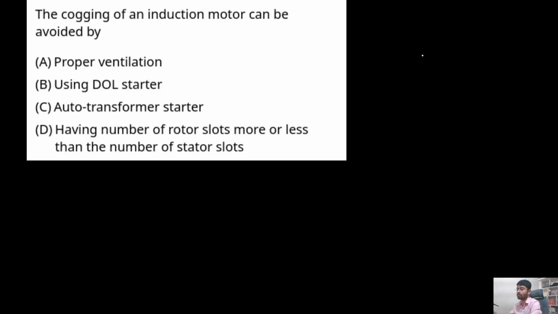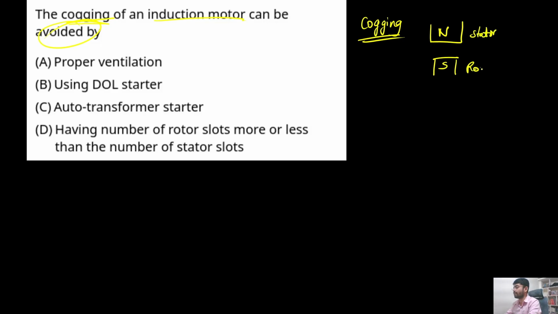So next question. The cogging of an induction motor can be avoided by. So what is cogging? For example, say there is a north pole in the stator, and there is a south pole in the rotor. This is the stator side and this is the rotor side.